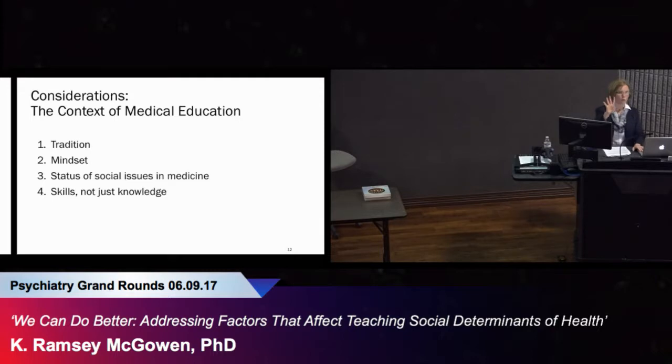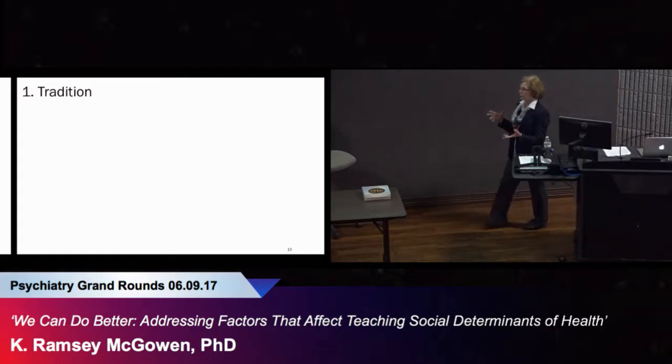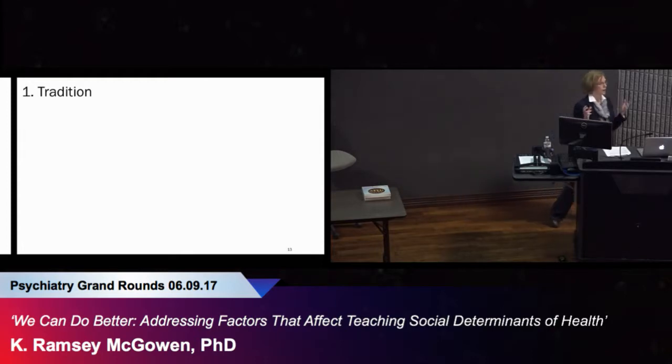I'm going to cover 4 specific things: the traditions that we have and what we have typically taught in medical education, the mindsets we bring to our students and to our preparation of material, the status of social issues in medicine, and the focus of transitioning away from knowledge-based measures of learning to skills-based.